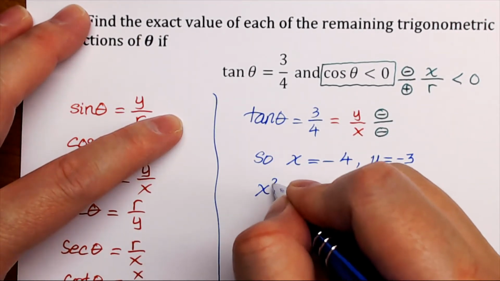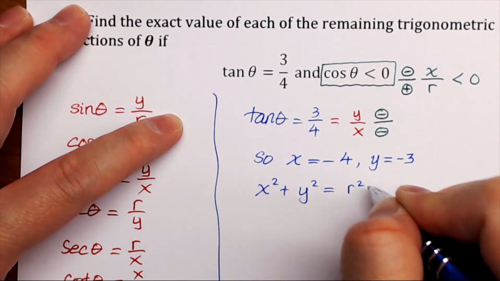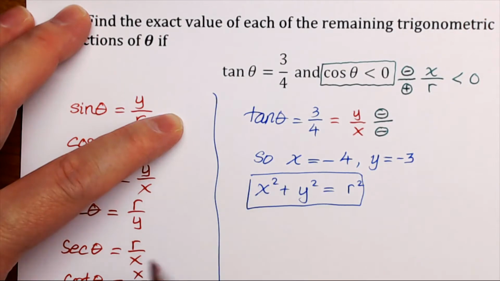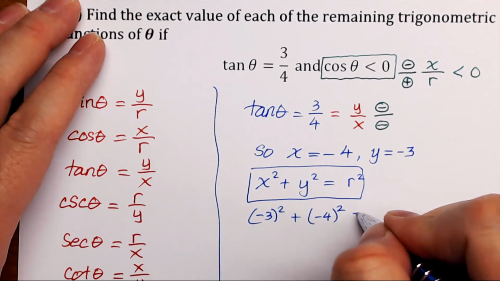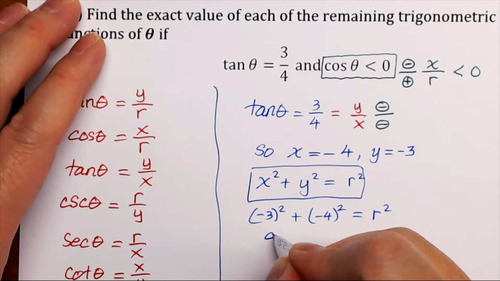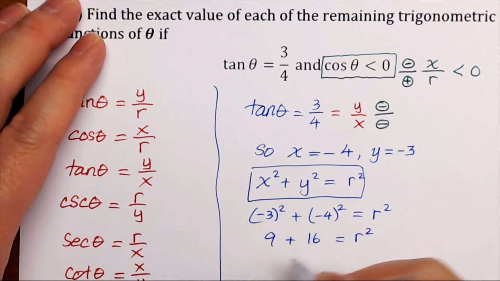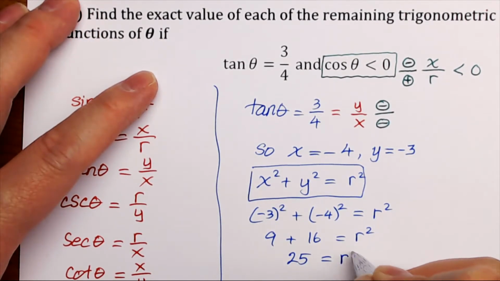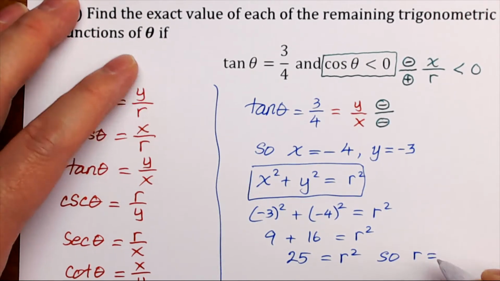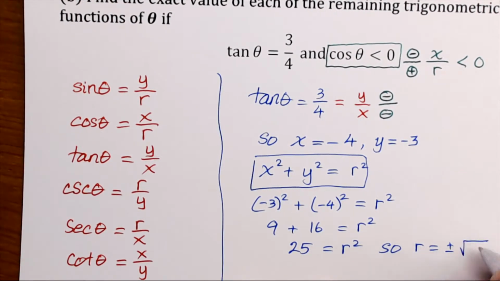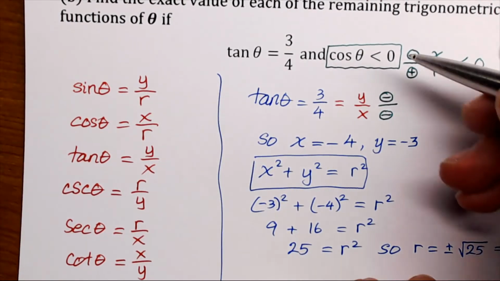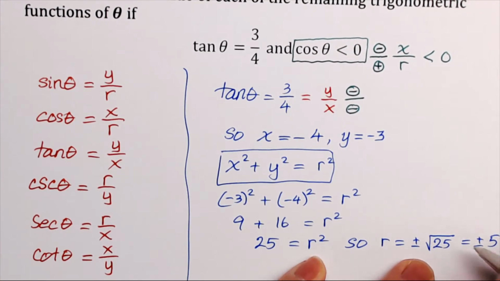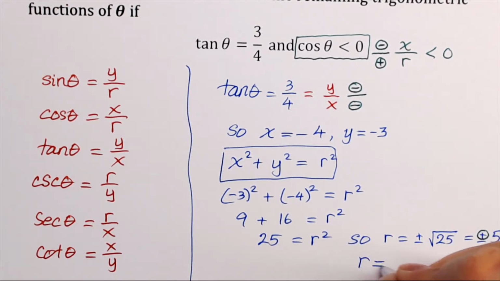And then Pythagorean theorem, x squared plus y squared equals r squared. Negative 3 squared, negative 4 squared. So that is 9 and 16. So 25 is r squared. So r is equal to plus or minus square root of 25, or plus or minus 5. But the way we define it, r is always positive. So we just use 5. So with that we have r equal to positive 5.